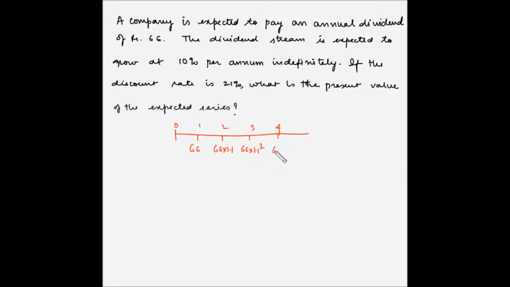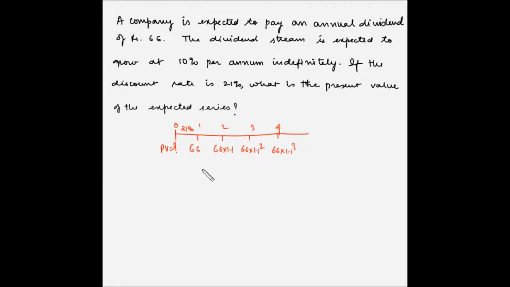For the fourth year 66 into 1.1 cube, and so on. The discount rate is given to us as 21%, and we have to find out the present value. So basically we have to find out how much money should be invested today at 21% interest per annum, which will allow us to withdraw this cash flow.